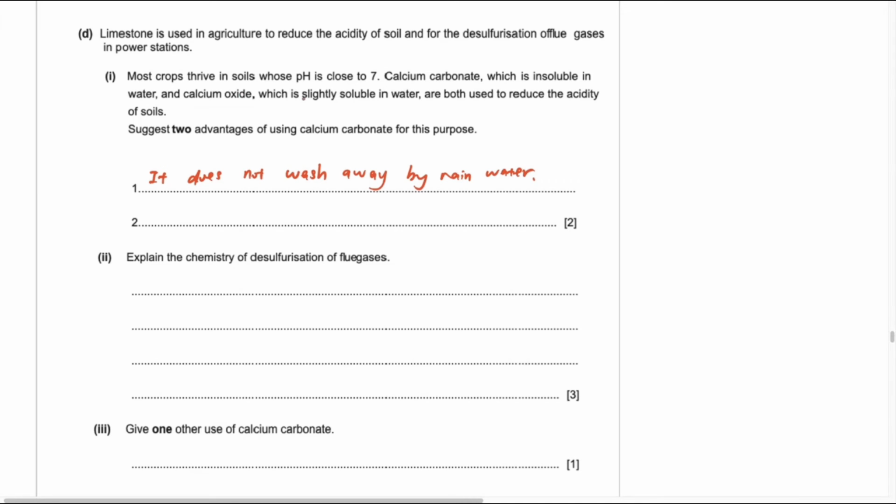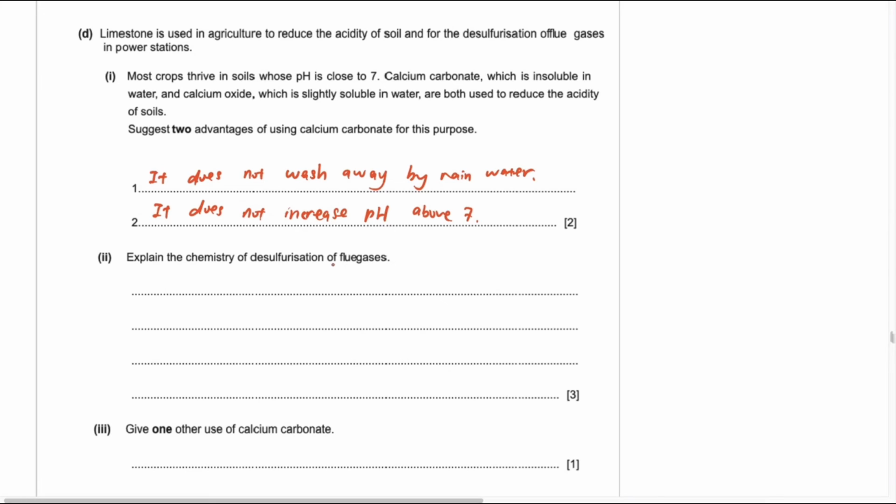The other advantage of why it doesn't dissolve in water is it does not increase the pH. It doesn't change the soil to an alkaline soil because it doesn't dissolve in water. So it does not increase pH above 7.